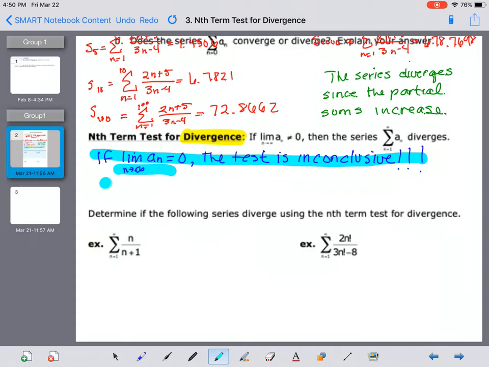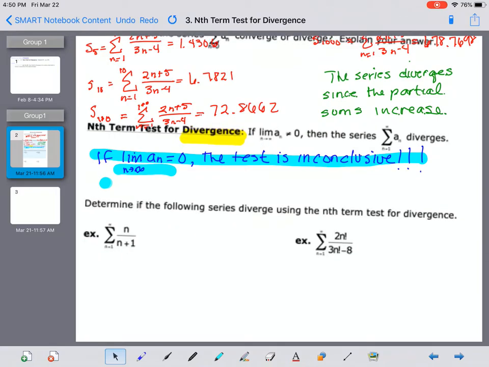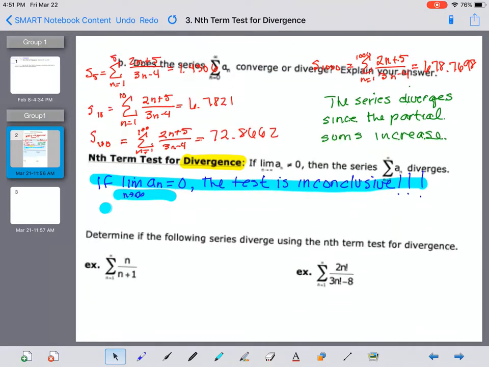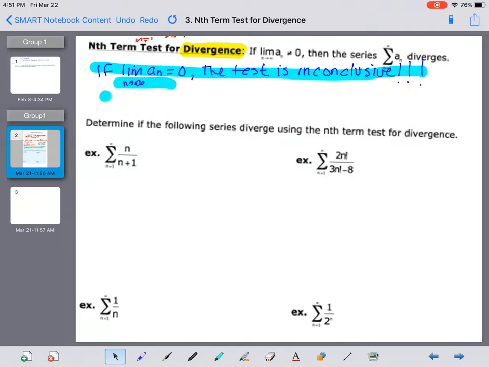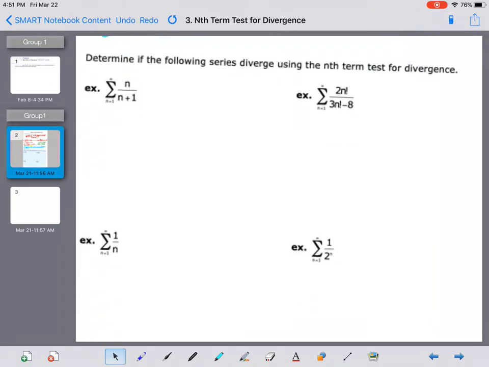Okay, so let's see if we can use this and prove some of our series divergent. I think I tilted it a little bit, but that's okay. Okay, so if we have the following series, we want to see if they diverge, if this test tells us that it diverges. So the first thing I want to do is actually take the limit.